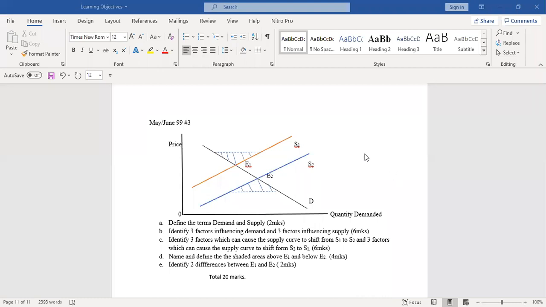You don't have to dig deep here. 3 factors influencing demand. Let me hear you all.